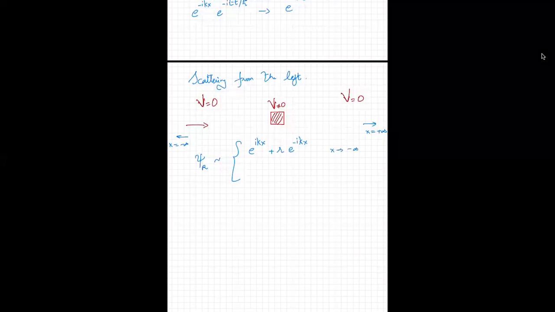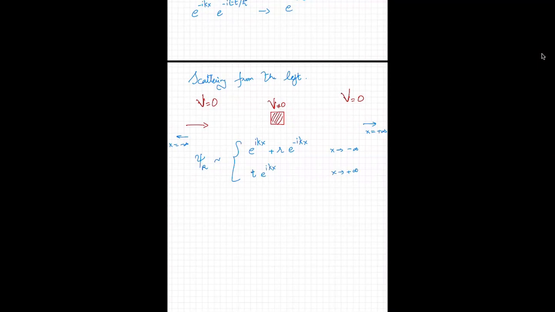In the x tending to plus infinity region, of course, you're going to see a transmitted wave, which I'm going to call e to the ikx. Okay, so little r is the reflection amplitude, and little t is the transmission amplitude.